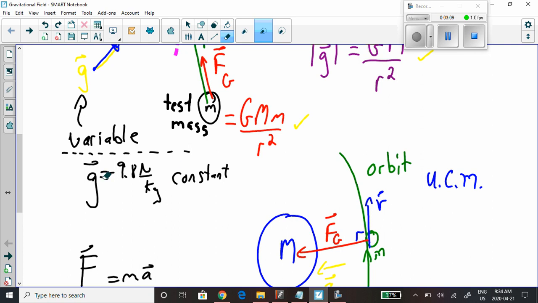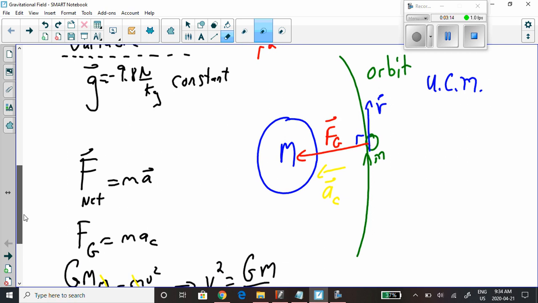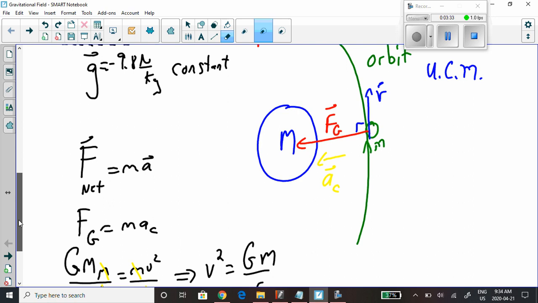You've also experienced dealing with gravitational fields when we've dealt with uniform circular motion. The only way we're going to have something in orbit is if the mass that is in orbit is experiencing a gravitational force which is caused by a gravitational field. That's the only way this is going to happen. So you've seen this before, and we've done equations.